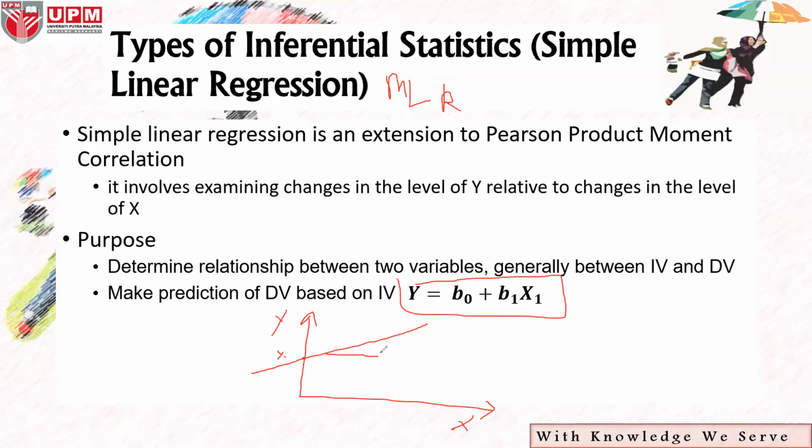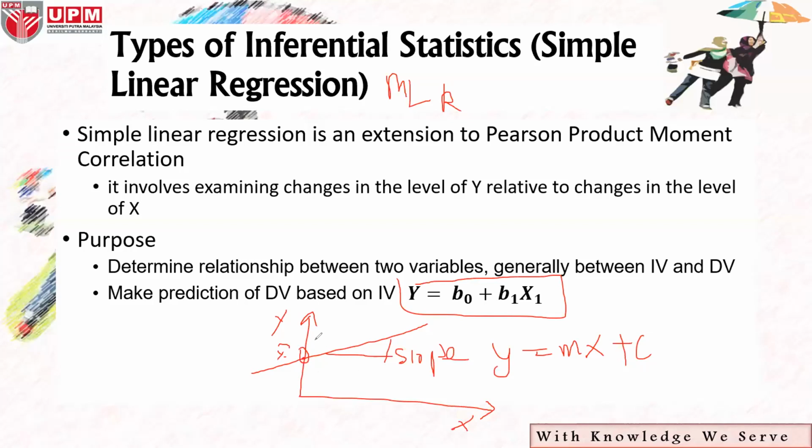And this is the slope. So the equation is Y equals mx plus c. Sorry, this Y-intercept equals c.